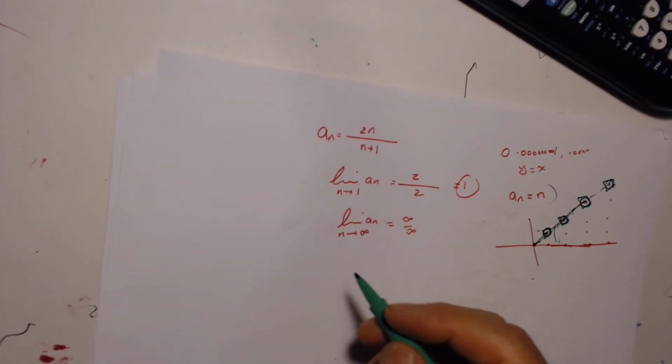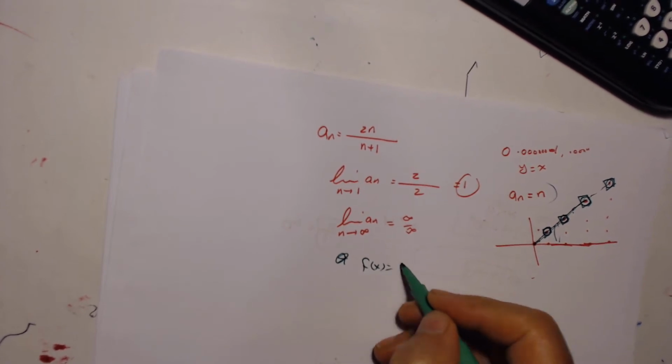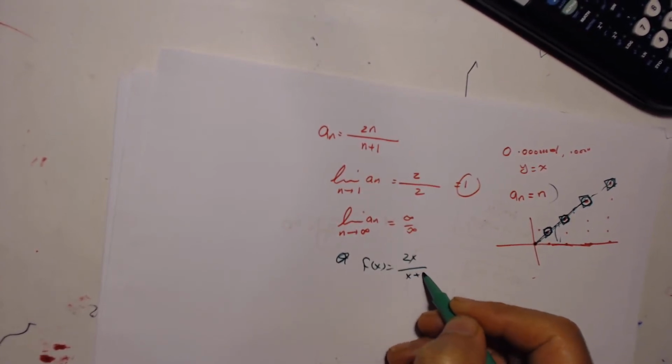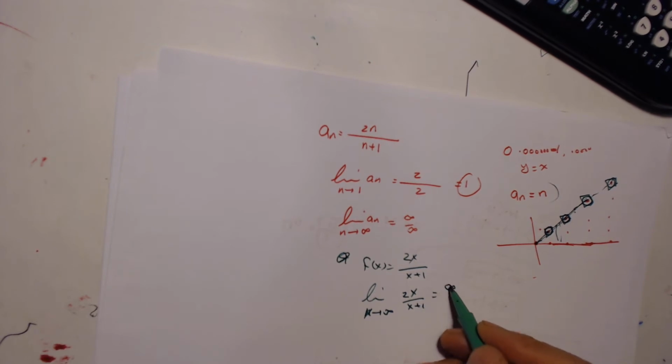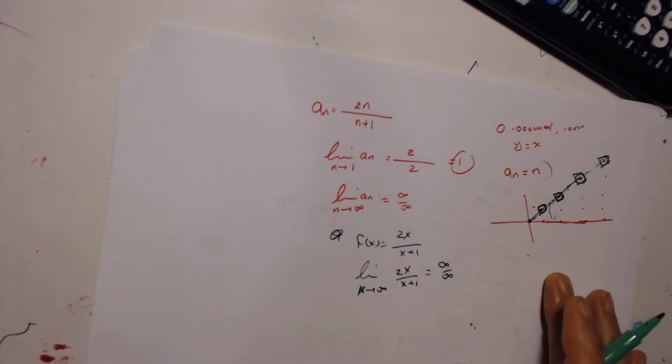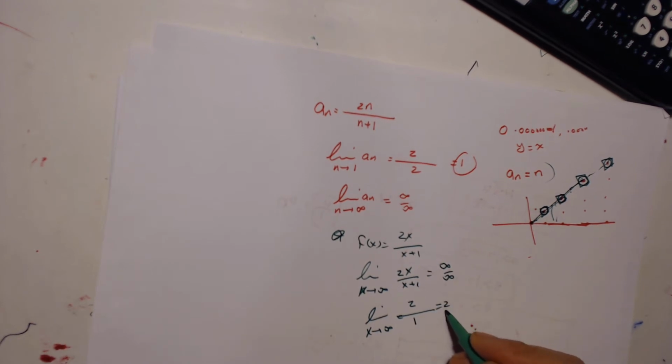Therefore, when you have a sub n, you got to change it to f of x and say 2x over x plus 1. Then you take the limit of 2x over x plus 1 as x approaches infinity. Then you can say that's infinity over infinity. And the limit as x approaches infinity using L'Hopital's rule is 2 over 1. And the limit is 2.